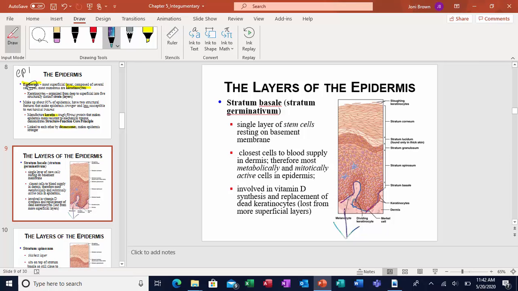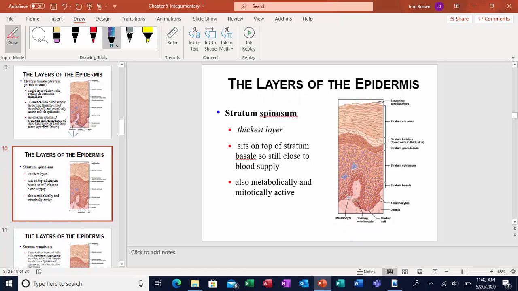These cells are close to the blood supply that's in the dermis, so they are getting oxygen and nourishment, and they are alive and dividing by mitosis. As one cell makes two, they get crowded, and so we start pushing them up into the next strata or layer.